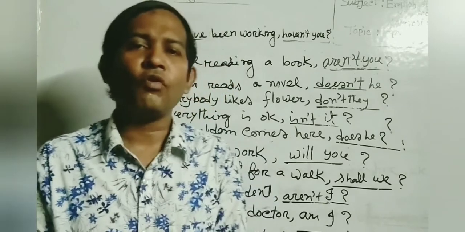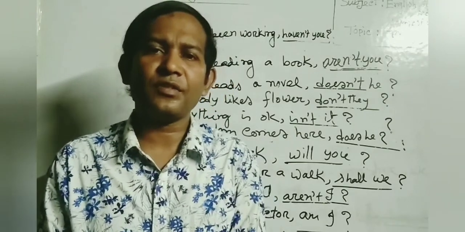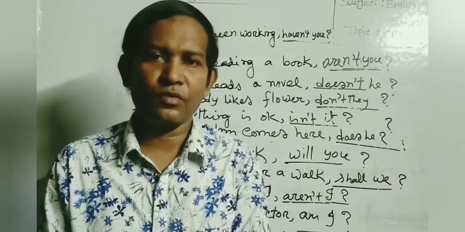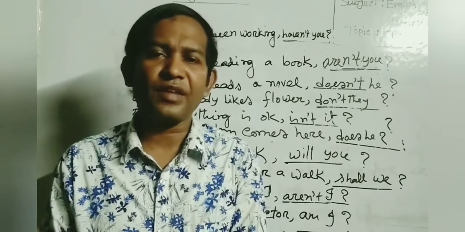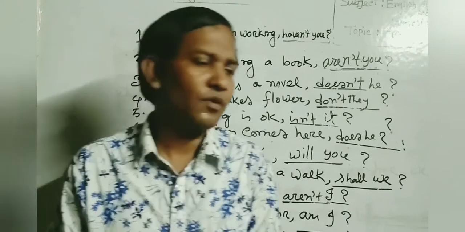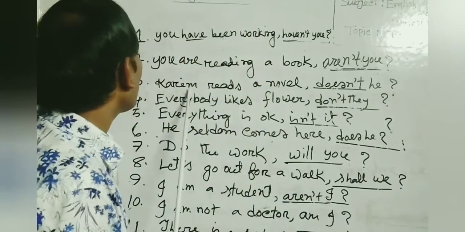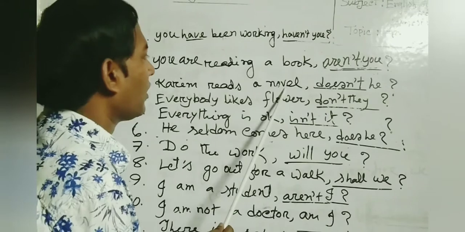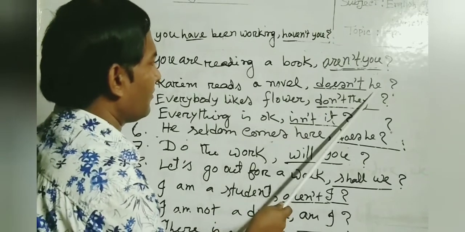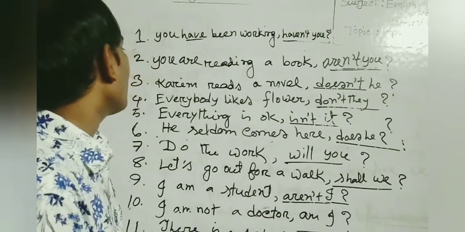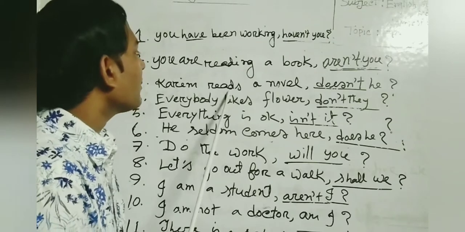If there is no auxiliary verb in the present indefinite tense and past indefinite tense, we use do, does and did in the tag questions. For example, Karim reads a novel, doesn't he? In this sentence, reads is a main verb.